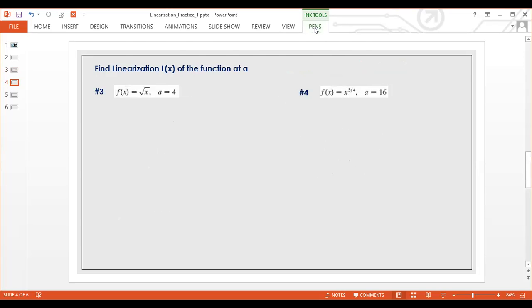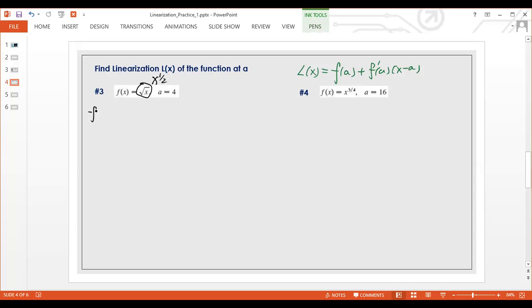Okay, so now let's take a look at another one. Let's rewrite the formula so we will remember: f(a) plus f prime(a) times (x minus a). The same thing, f(x) is the square root of x. We know the square root of x is x to the 1/2. First, let's take the derivative.